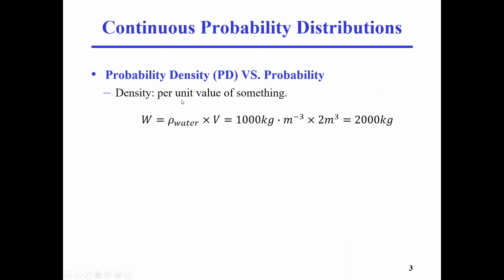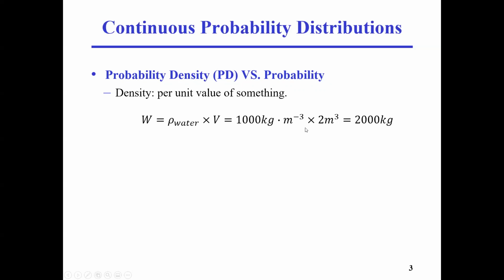Density is per unit value of something. For example, in order to calculate the weight of water for a specific volume, we need to use the density of water, rho, to multiply the volume of that water body. And rho for water is a constant, 1,000 kilograms per cubic meter.